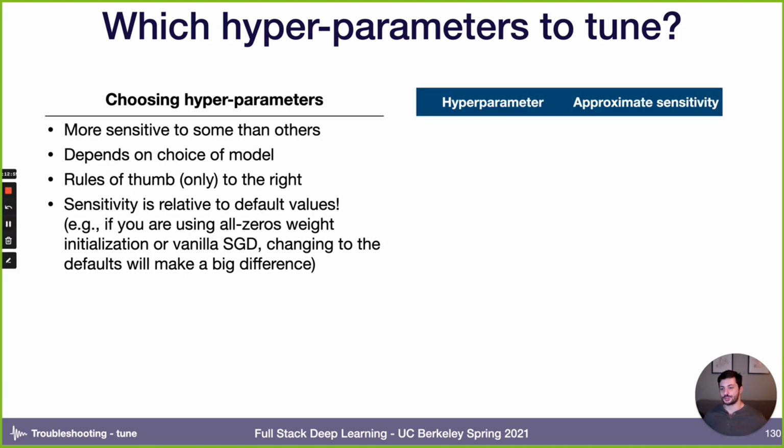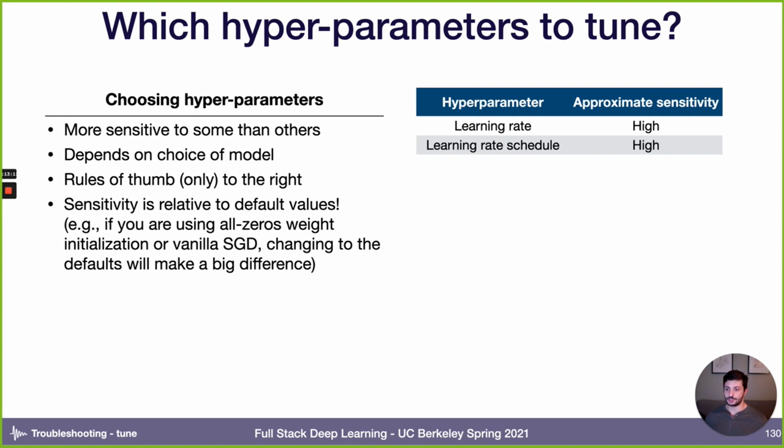Okay, so let's talk through some hyperparameters. I think almost always the first thing that's worth tuning is the learning rate. Generally, you're usually pretty sensitive to the learning rate, even if you're using something like Adam. Learning rate schedule can also be a good one to tune. I think optimizer choice beyond Adam can make a difference, but in my experience is usually not really worth playing around with too much until you're trying to push the limits of your model performance.